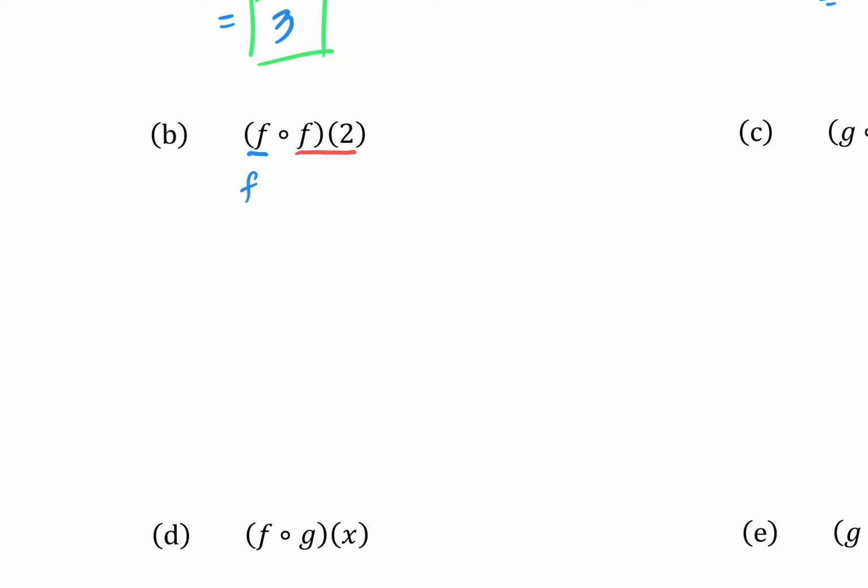So this is f of 2. Now f of 2 is the square root of 2 times 2, so 4 minus 1, the square root of 3. This becomes f of square root of 3.